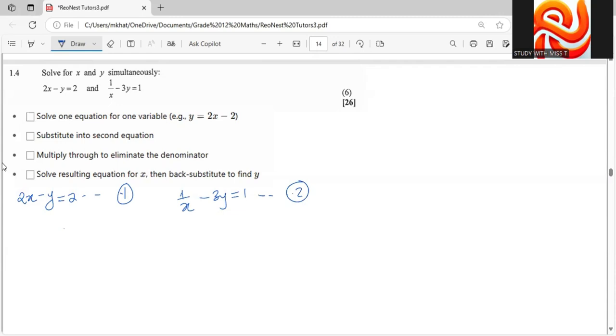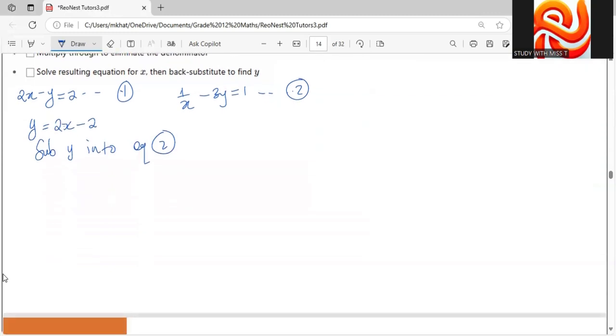Then that variable, when you find it, you make it the subject of the formula. So in this case, on equation 1, y has a coefficient of 1, so I'm going to use it. So I'm going to have y equals 2x minus 2. Make it the subject of the formula. So now I'm going to substitute y into equation 2, right?